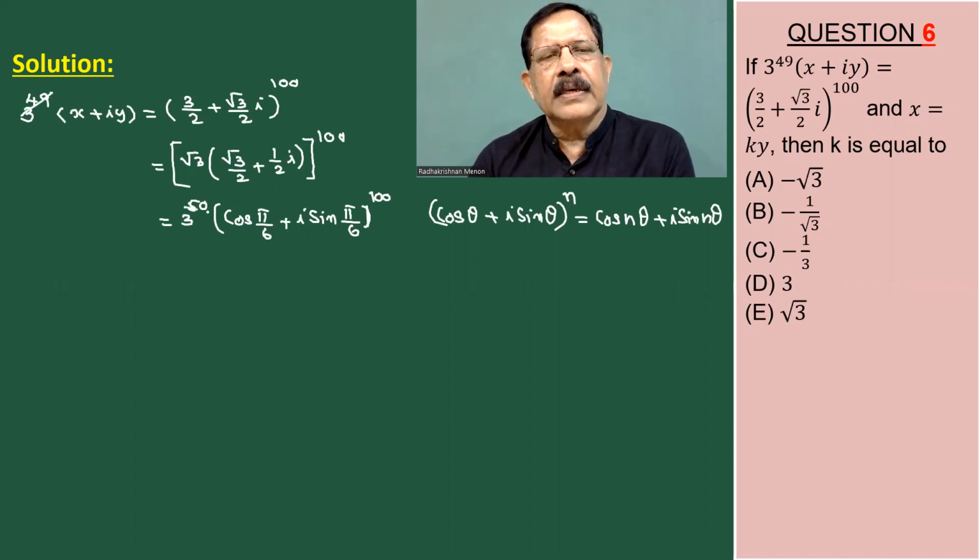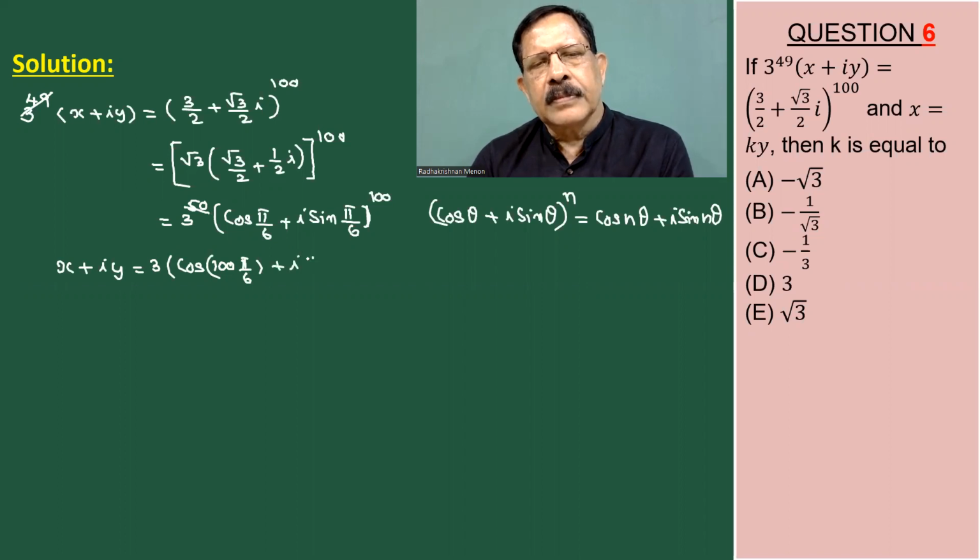So on the left side we have x plus iy equal to 3 into cos 100 pi by 6 plus i sin 100 pi by 6, by using de Moivre's theorem.